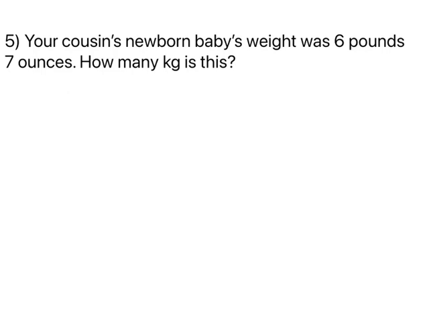And number 5, your cousin's newborn baby weighs 6 pounds, 7 ounces. How many kilograms is this? Okay, well, part of the issue here is that we have 6 pounds, 7 ounces. Those are 2 different units. So I'm first going to change 6 pounds into ounces. So I have just ounces. So I know that there are 16 ounces in a pound.